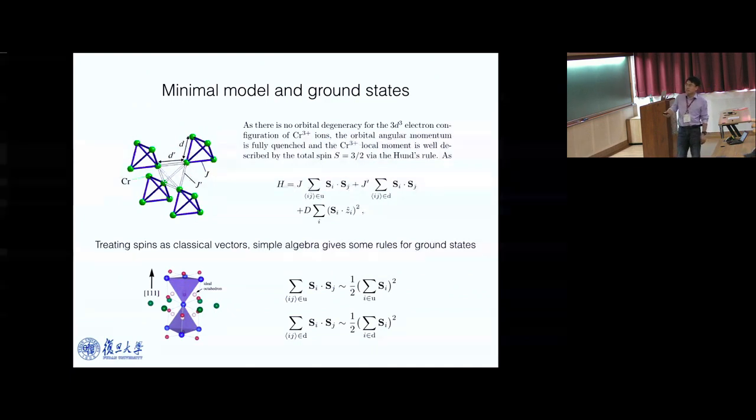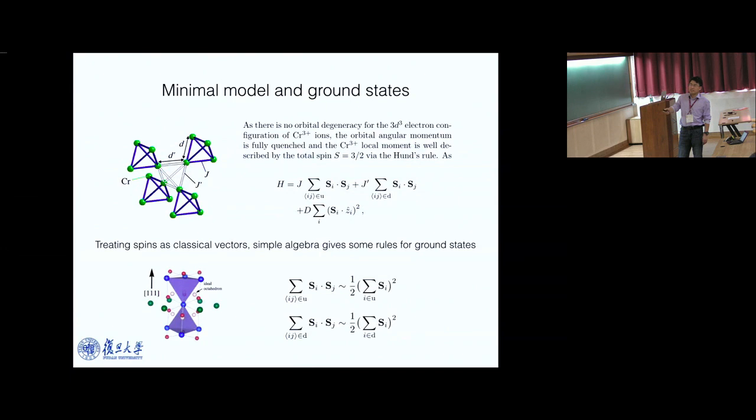It turns out that you can do some simple algebra. Because the exchange is defined on a tetrahedron, you can glue them together. This is the upper tetrahedron, and you can group them as the total spin on the upper tetrahedron, and for the down one, the total spin on the down tetrahedron.